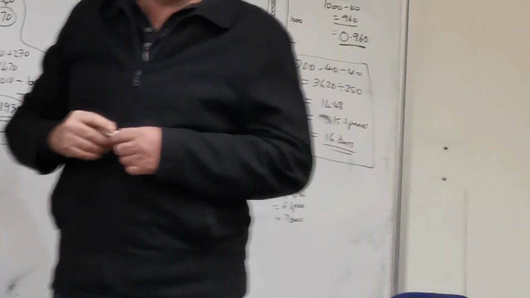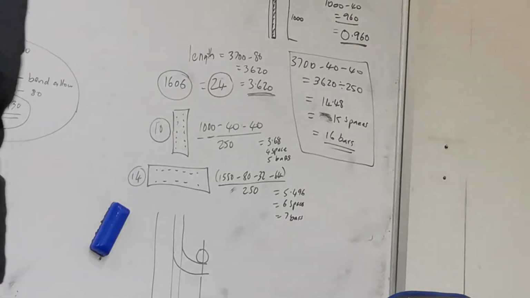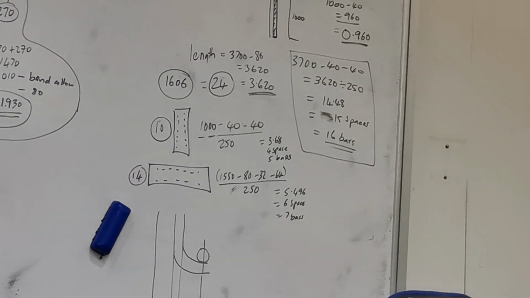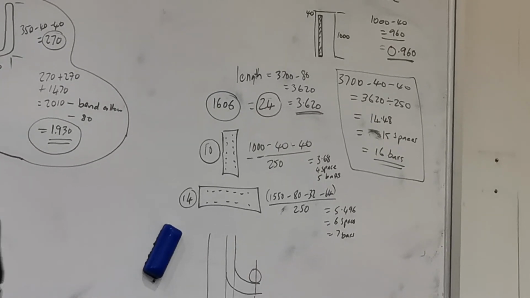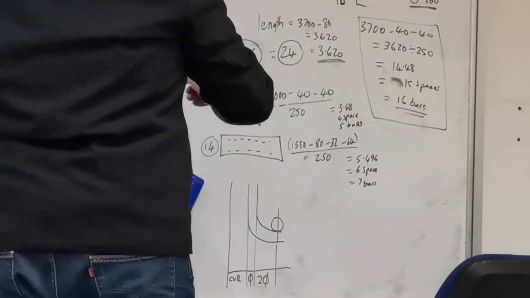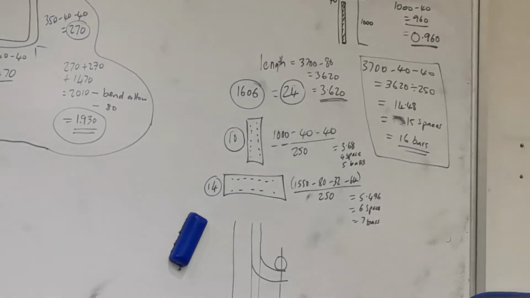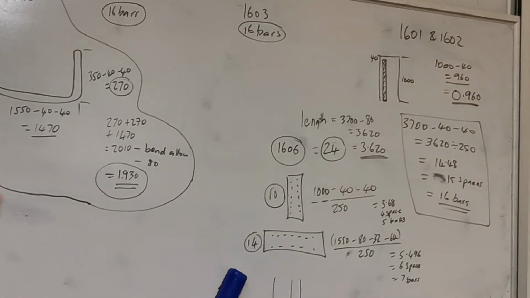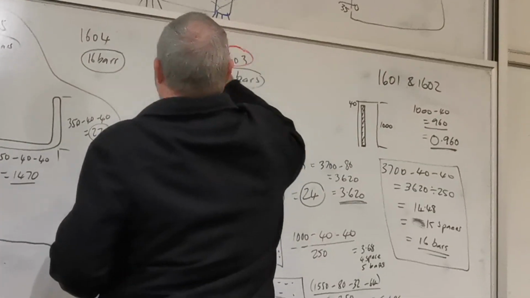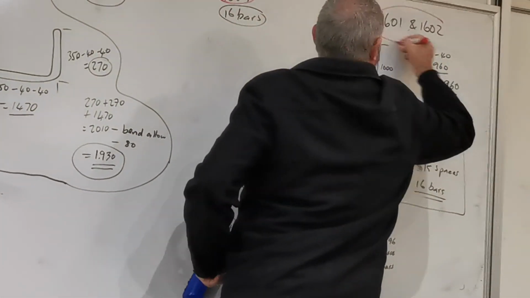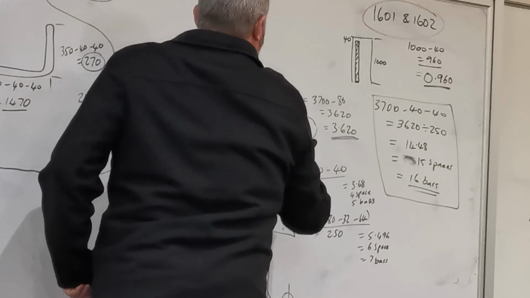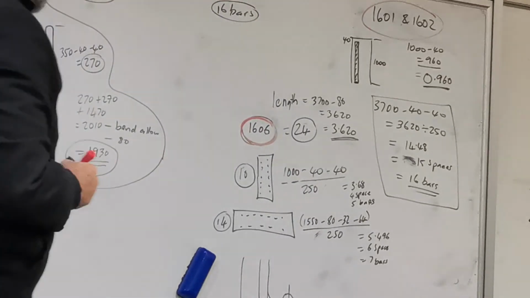Which is what you should be putting into the schedule. What number is that? That is number 1606. Maybe I can put red around that to make it a little bit clearer. 1603, 1604, 1605, 1601 and 2, and 1606. All right?